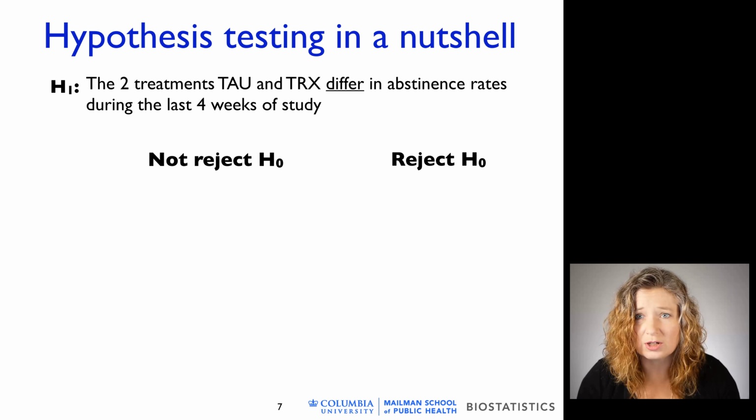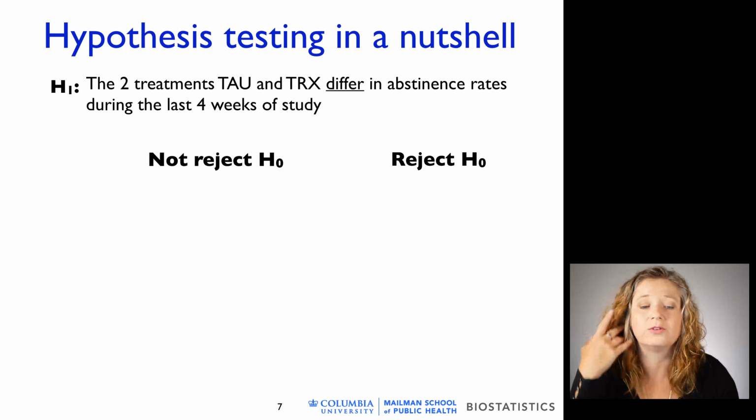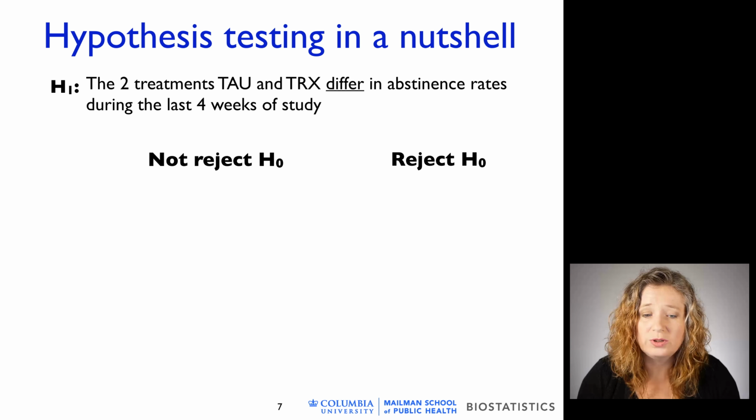If we do reject the null hypothesis, because null and alternative hypotheses are complements, we can actually accept the alternative hypothesis, and we can say that the data provide enough evidence that the two treatments, TAU and TRX, significantly differ in abstinence rates during the last 4 weeks of the study. So these are two potential results of hypothesis tests.